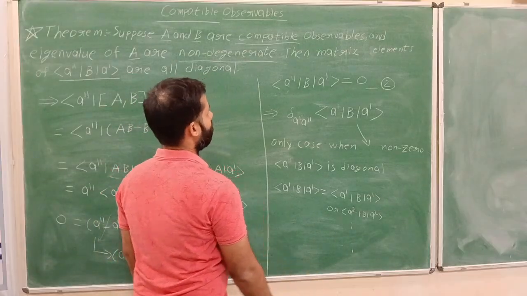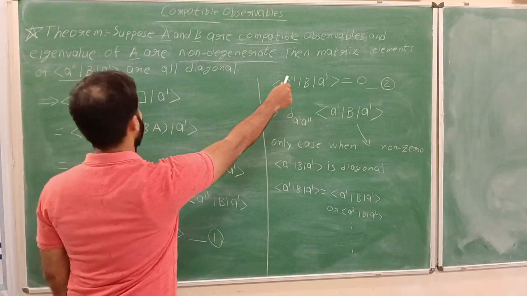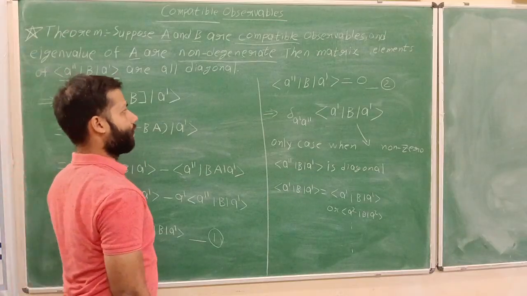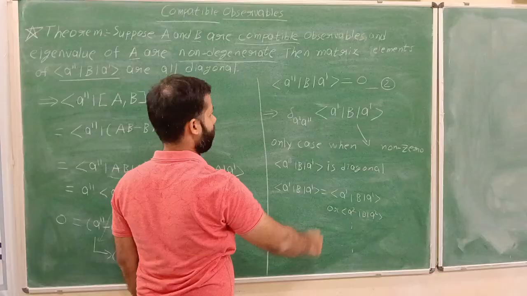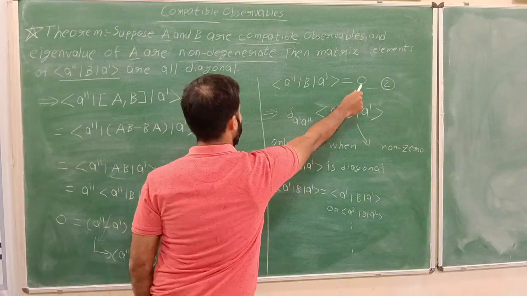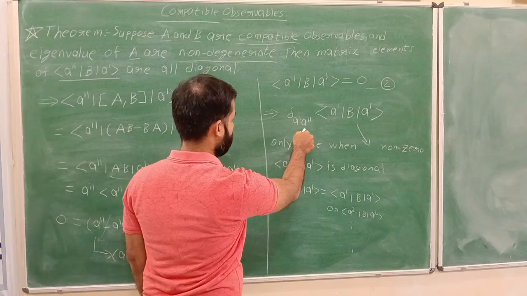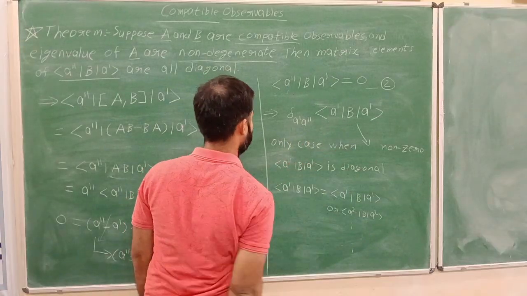So this is the proof that the matrix elements like this are supposed to be diagonal. All other elements, all the non-diagonal elements, are zero. Only the case where this is the same is coming out to be non-zero.